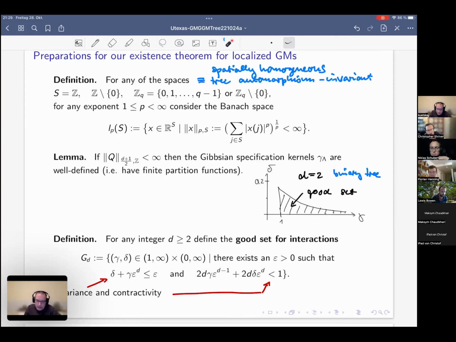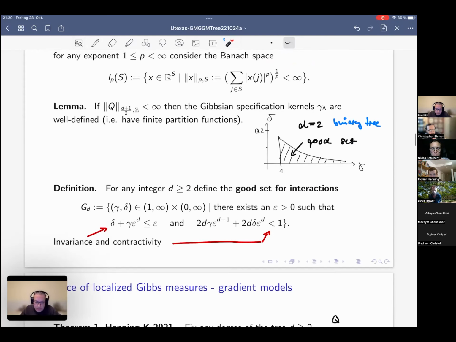And then we defined, for any integer D, so for the fixed degree of the tree, a so-called good set for the interactions. This is defined in terms of 2 inequalities, which will become clearer maybe later. For the moment, it's just a subset of R2, of the positive quadrant of R2. So we have gamma, delta.